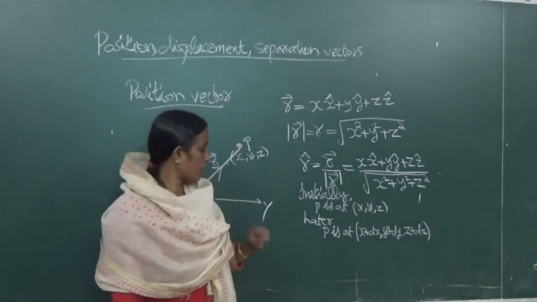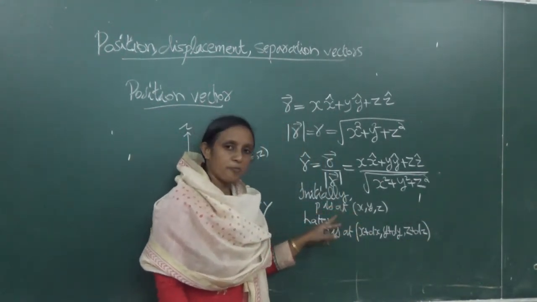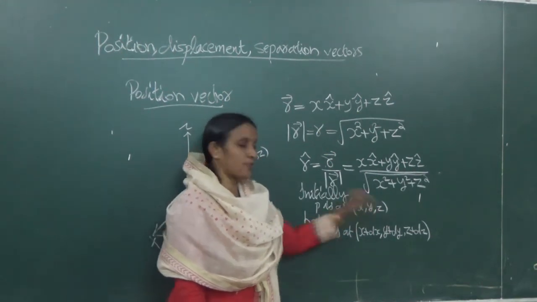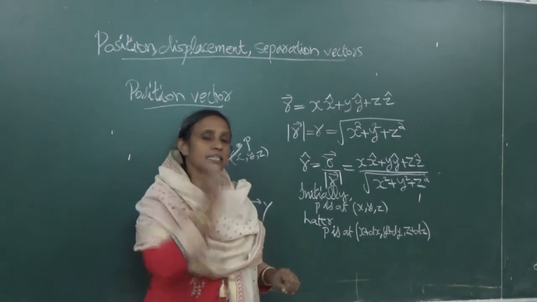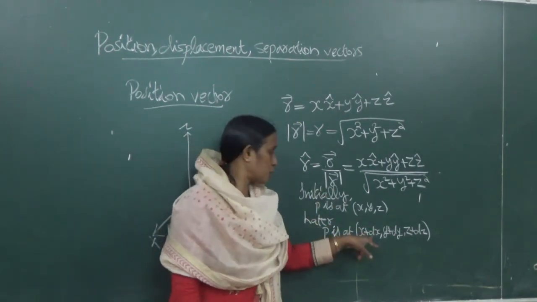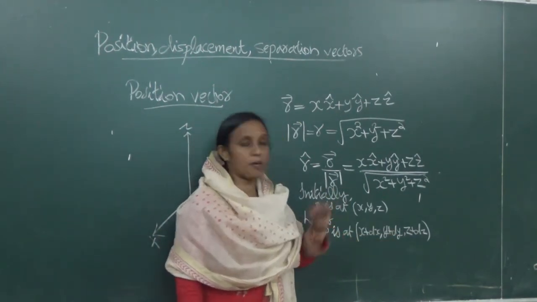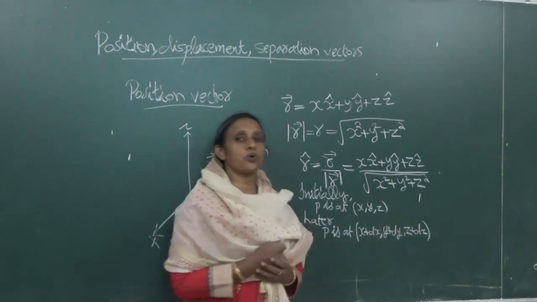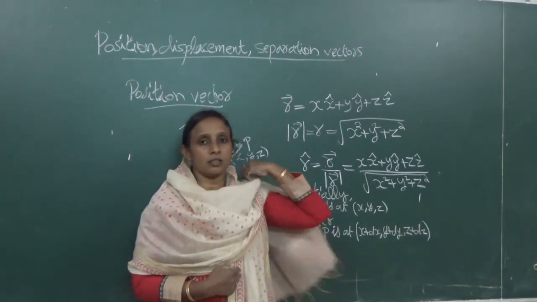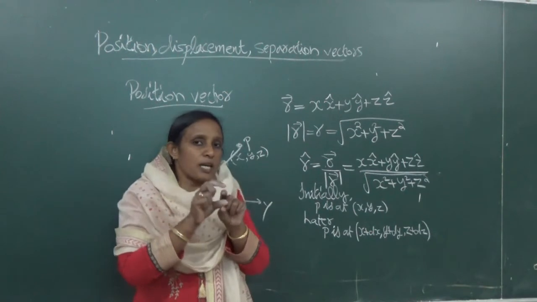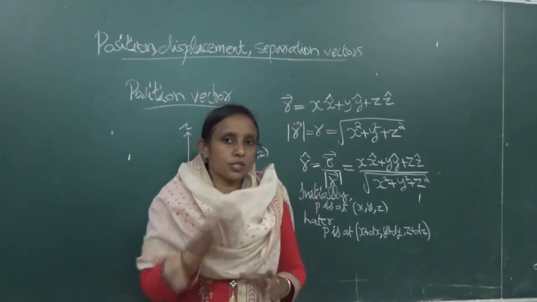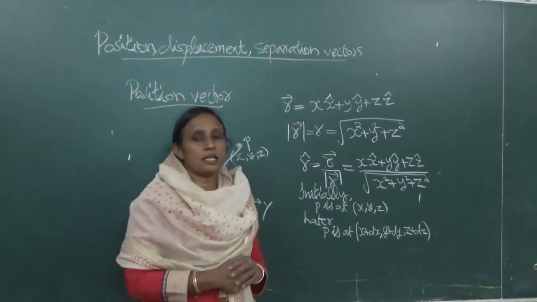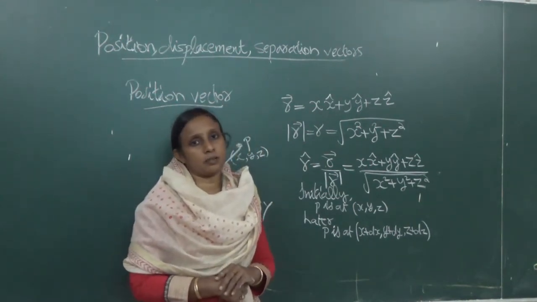So the point P is initially at x, y, z, and we write the position vector also. But after a later time, this x changes to x plus dx, y to y plus dy, and z to z plus dz. Now what happened? The point P is displaced through the space. So we can define a displacement vector.